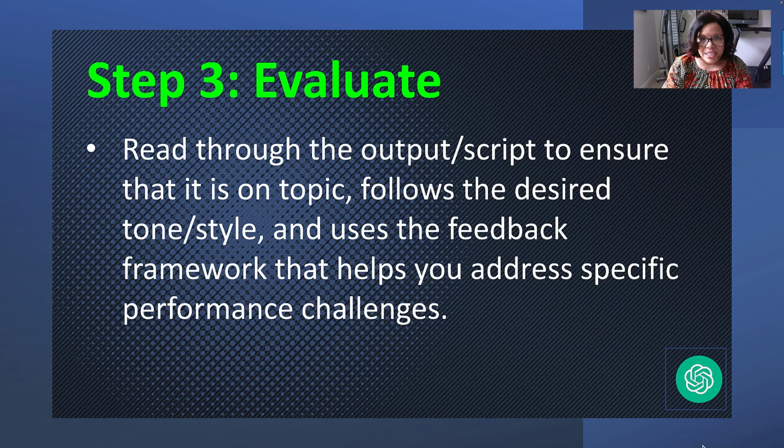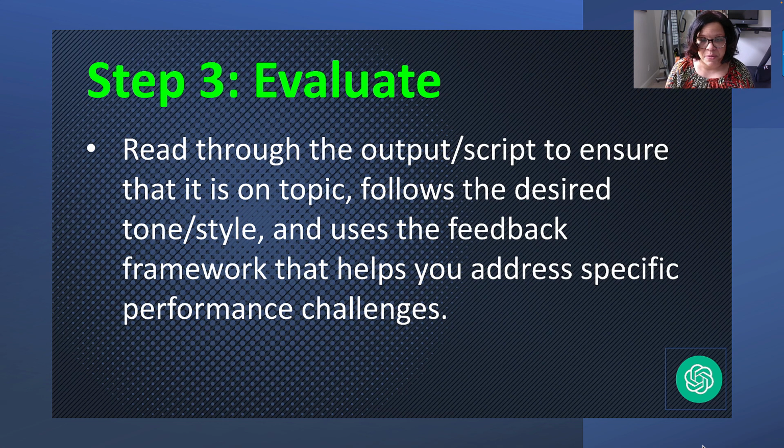Now, once we've entered the prompt and we receive the output or the script, we want to read through it to ensure that it is on topic, follows the desired tone and style, and uses the feedback framework that helps you address specific performance challenges. So earlier we talked about POS feedback, and you may find that initially you provided a prompt that specifically asked for POS, but when you got the output, it didn't use POS.